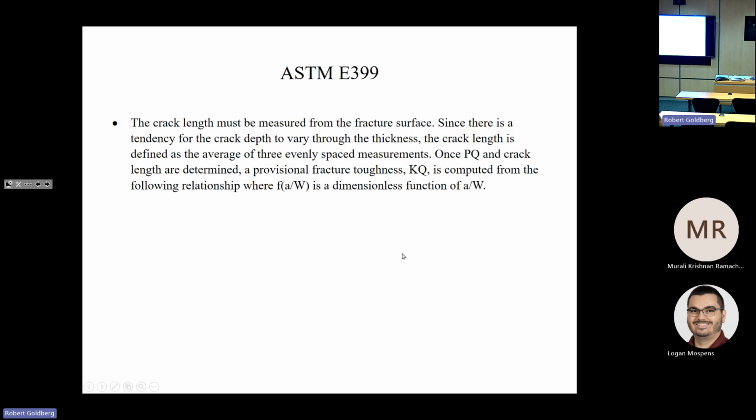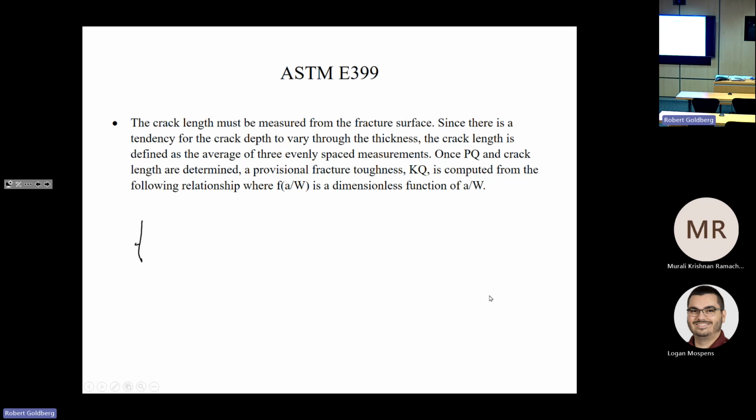So the crack length is measured from the fracture surface, and since there's a tendency for crack depth to vary throughout the thickness, the crack length is often defined as the average of 3 evenly spaced measurements. So once PQ and the crack length are determined, you can determine a provisional fracture toughness.